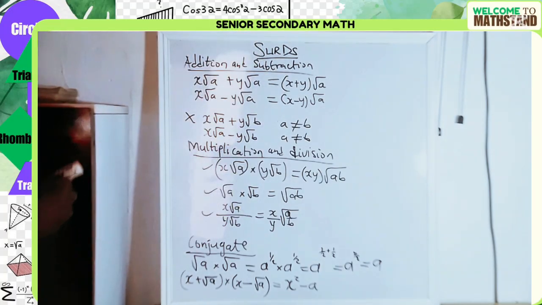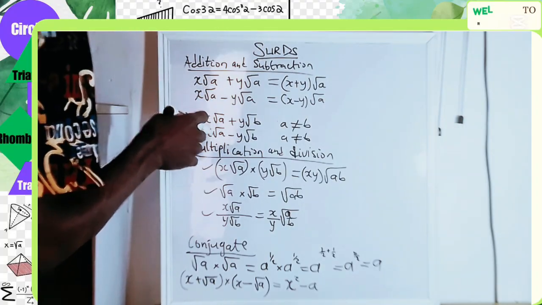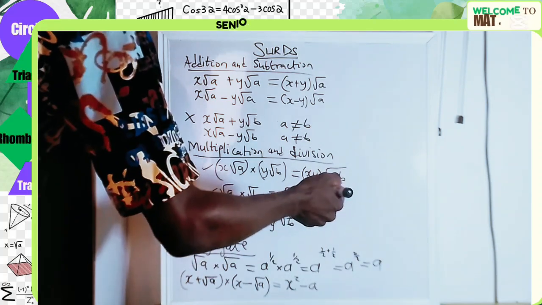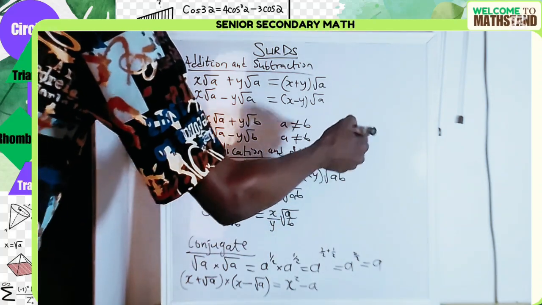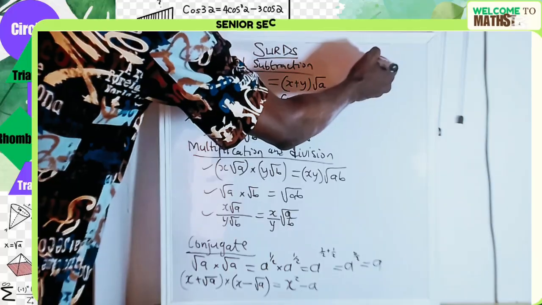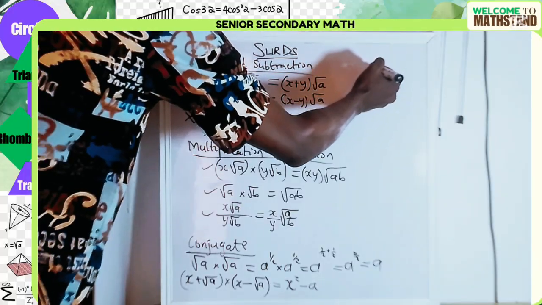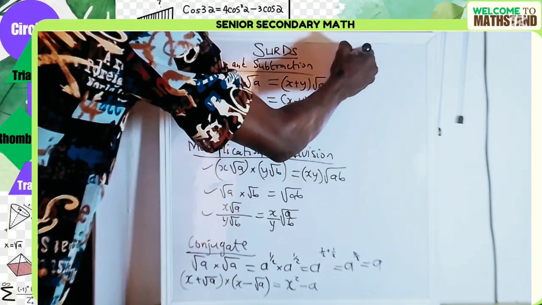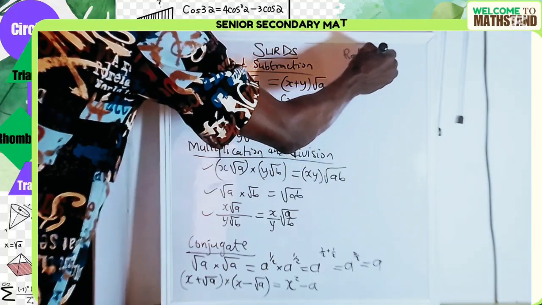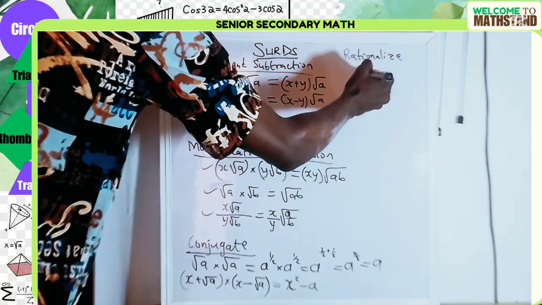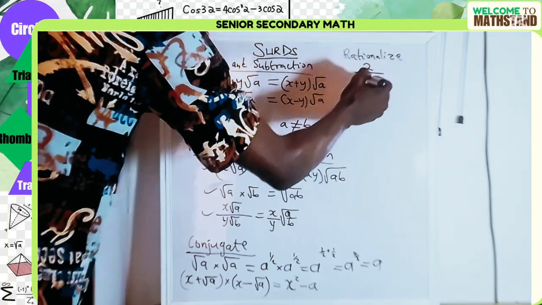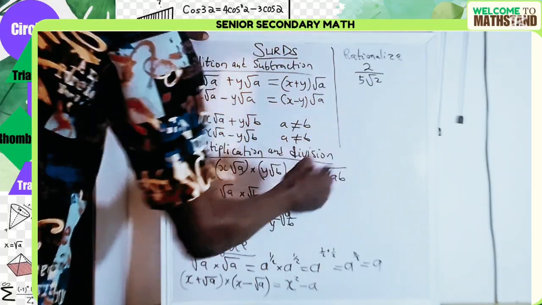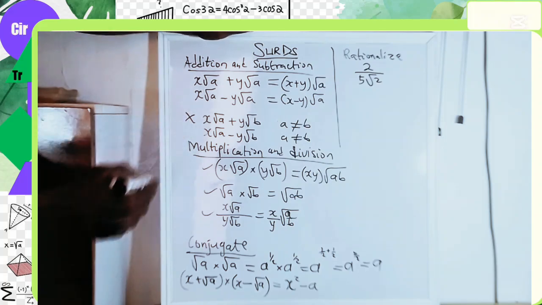That's the way to rationalize surds. So I will take an example to rationalize a surd. Let's take a very simple equation. We are asked to rationalize 2 over 5√2.